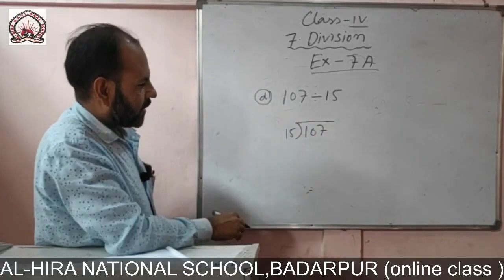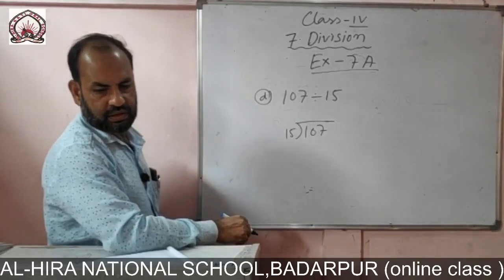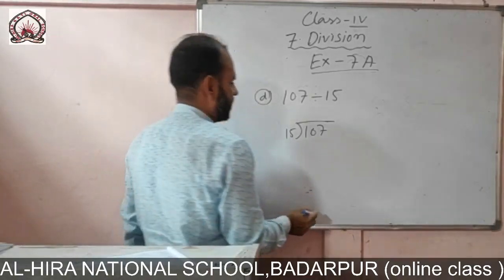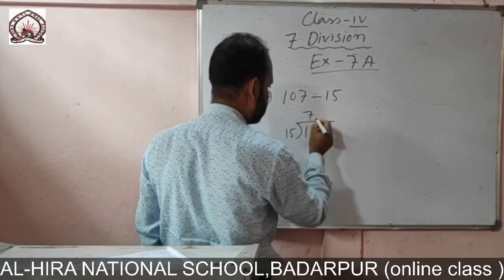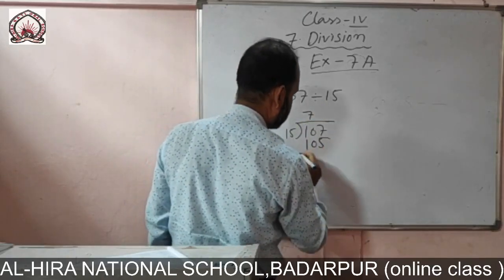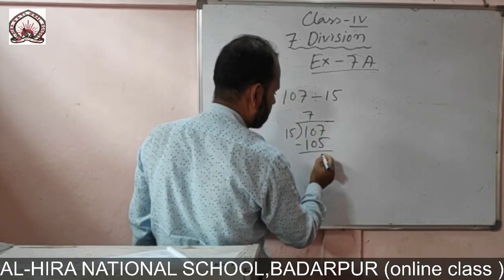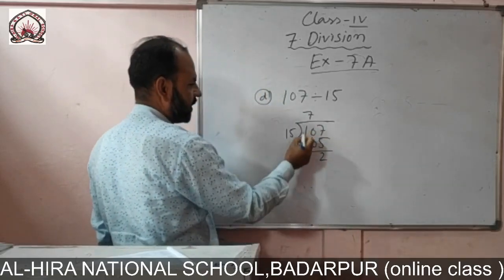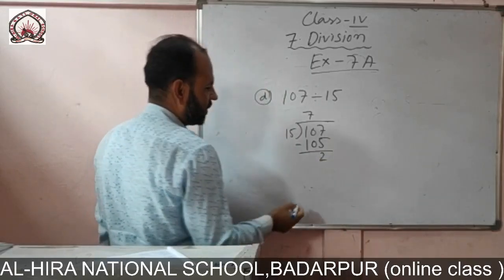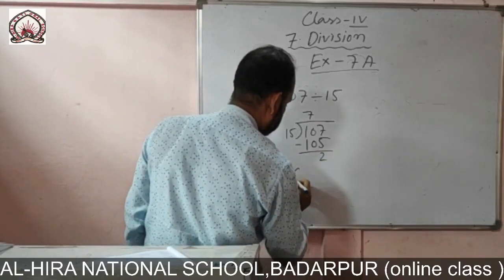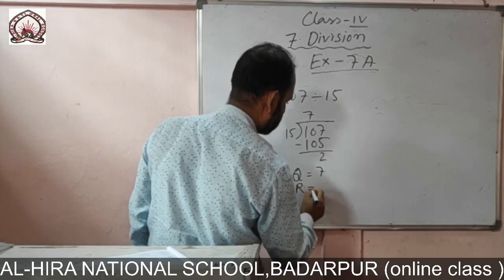Here also we know the table number 15. 15 7s are 105. Here we do minus, then 7 minus 5 is equal to 2, then 0 minus 0 equal to 0, 1 minus 1 equal to 0. That means remainder is 2. So Q equal to 7, R equal to 2.